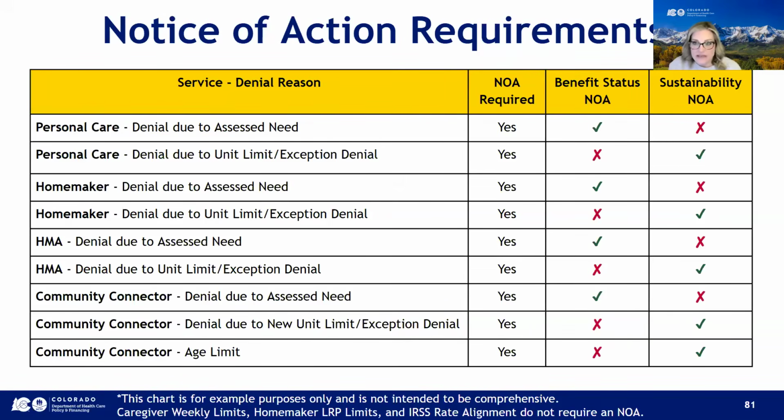If you're denying based on assessed need or standard benefit definitions, then you'll be utilizing your regular benefit status notice of action. If you are denying due to the unit limit or an exceptions denial, you had to engage in that exceptions process or just because there is this limit, then you will be needing to utilize your Medicaid Sustainability notice of action. Really handy chart here for you to reference during this process in case you forget which one to send for which reason.